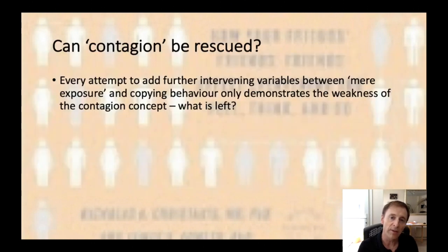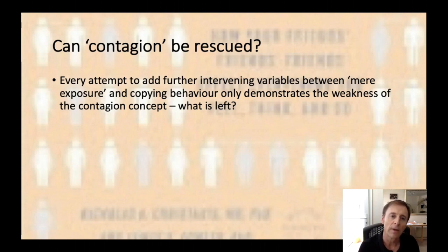Now, when I make this argument about the problems of the concept of contagion, people who know the literature point out to me that many of the studies and theories that use the concept of contagion also include a number of additional variables that intervene between mere exposure and what people actually do, like cognition or disinhibition or all sorts of factors.